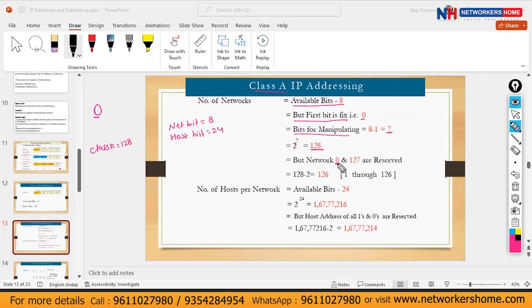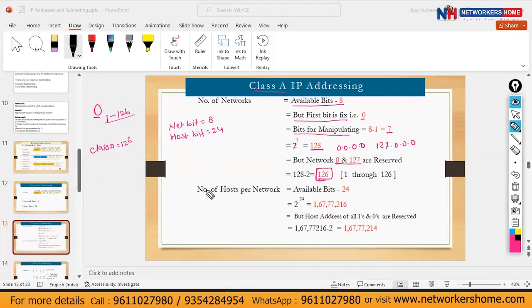Again, if you remember, 0.0.0.0 we do not use, and 127.0.0.0 we do not use. These 2 networks are reserved, so we have to reduce 2 more. So the total is 126. In class A you can design 126 networks, and yesterday we also saw this range, 1 to 126.